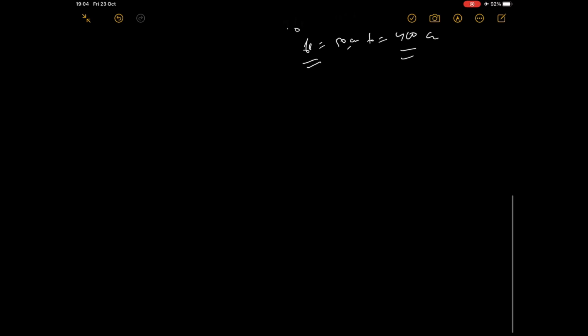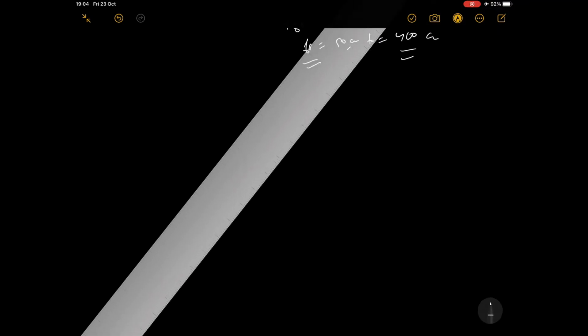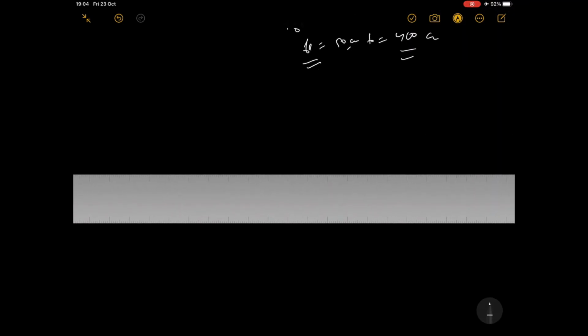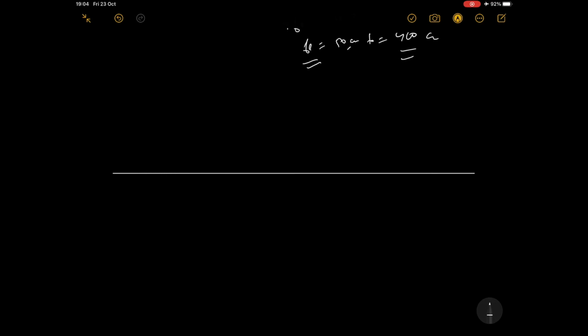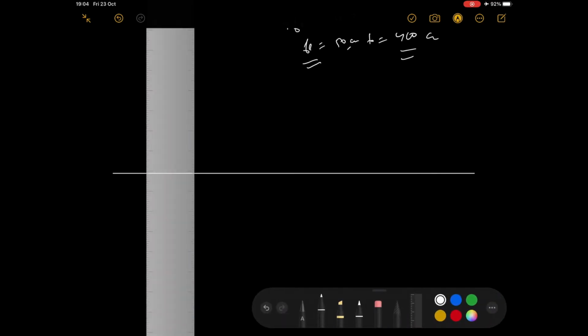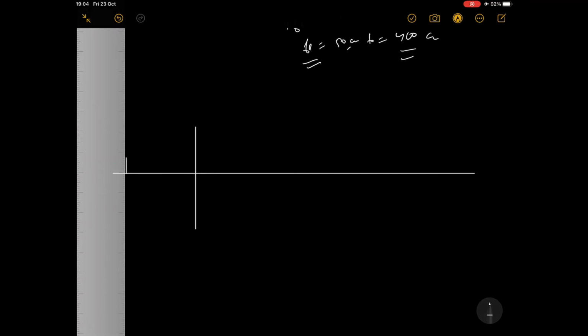So slightly different diagram, because here the object is not at infinity but the object distance is given. So we can just do a similar diagram. So we have got the objective here. Say the object is here.